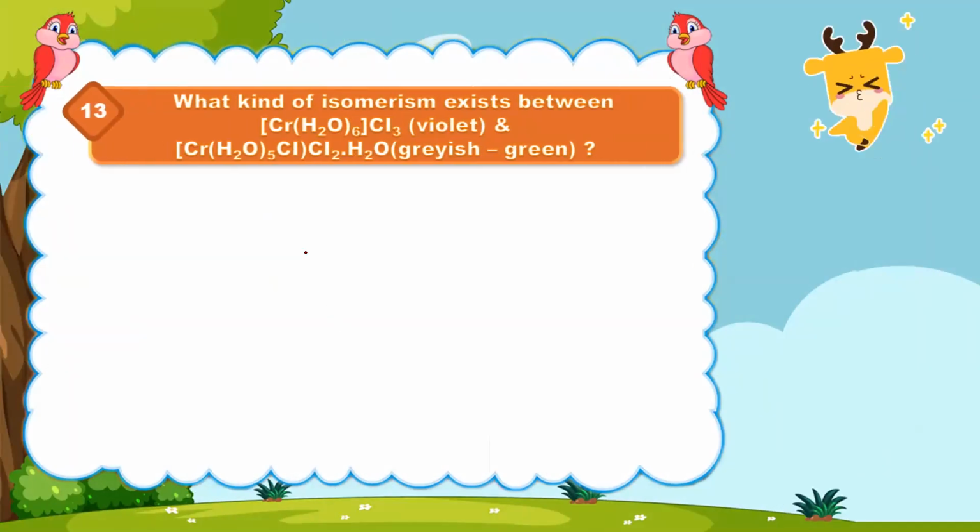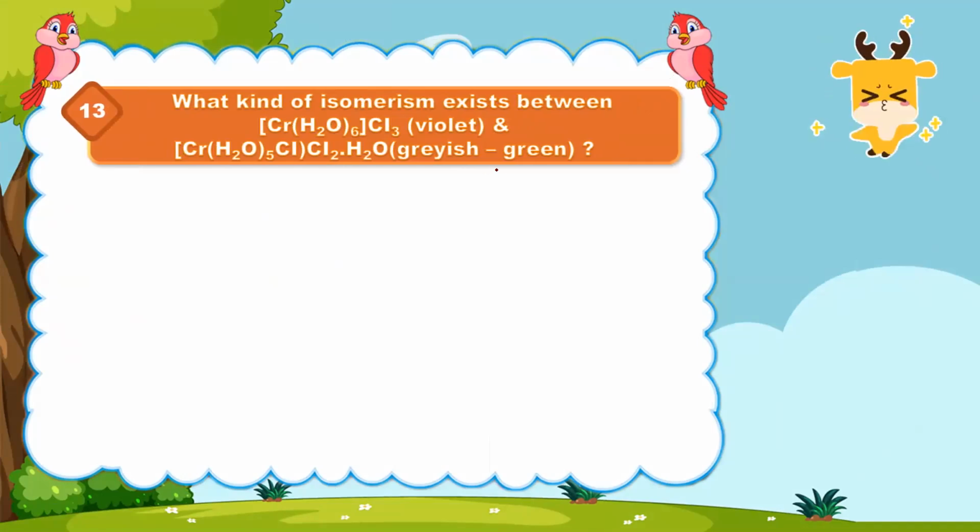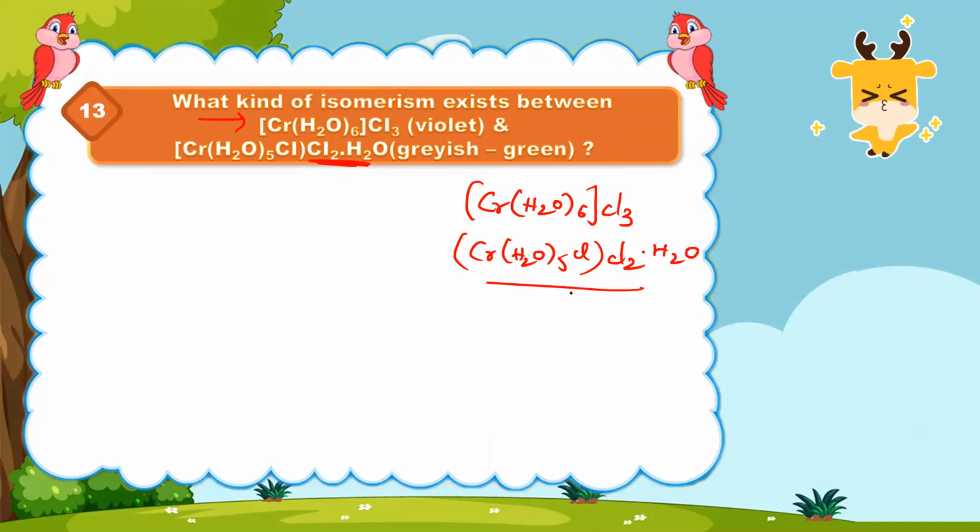See the next question. What kind of isomerism is exhibited between these two complexes? The first complex is [Cr(H2O)6]Cl3, and the next complex is [Cr(H2O)5Cl]Cl2·H2O. The difference between both complexes is a water molecule.